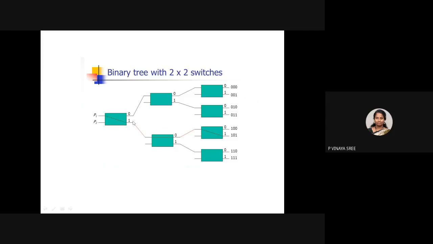If it is connecting to 1, it has a range. MSB is 1 means you have to check the MSB 1, so it can access from 4 to 7. Whereas P1, if it is connected in the initial stage to 0, it can access from 0 to 3. So that is a binary tree with 2 cross 2 switches.